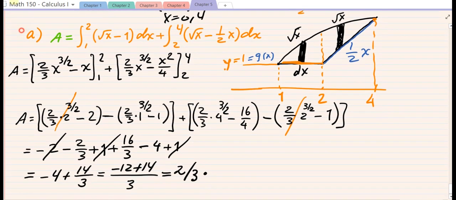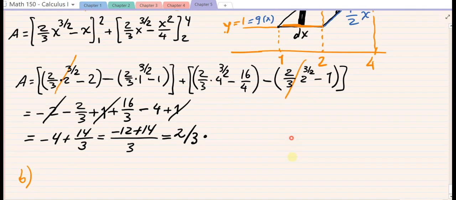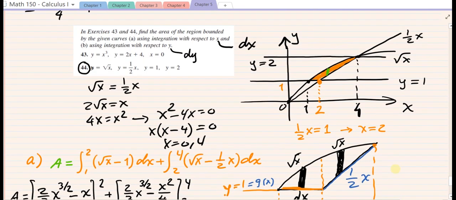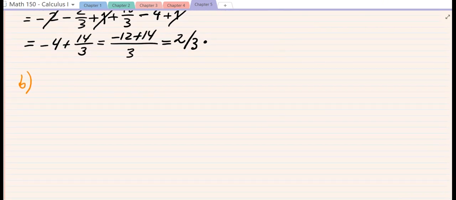Now in part B, the second part, we want to use horizontal rectangles in this one now. So let me redraw this with horizontal rectangles. Okay, so let me redraw this thing.